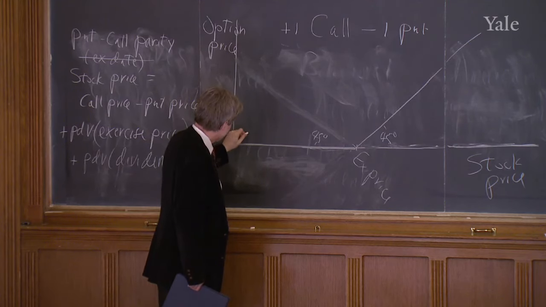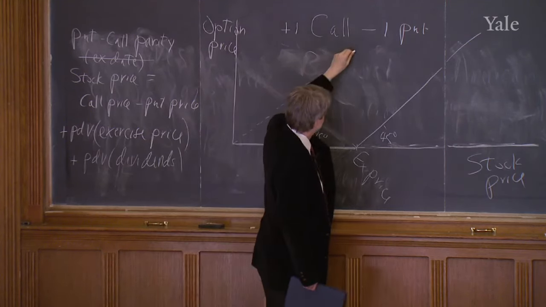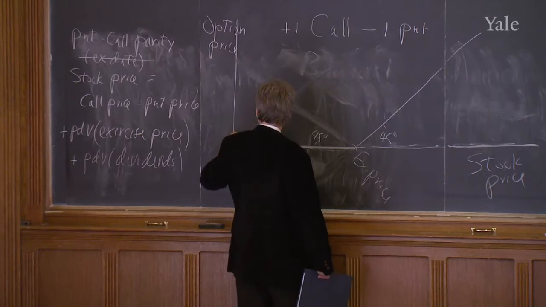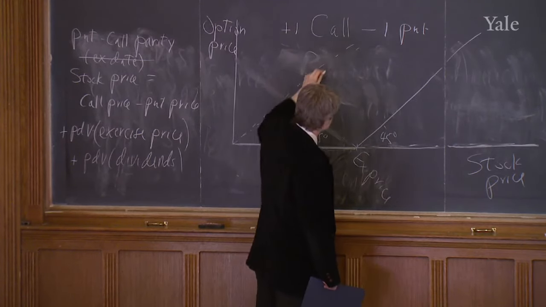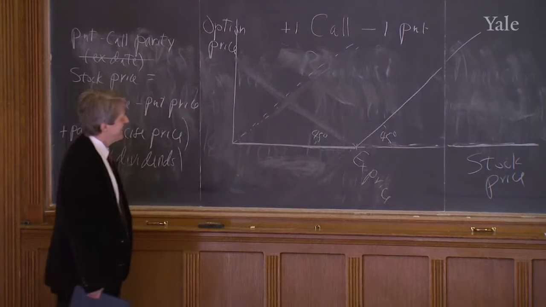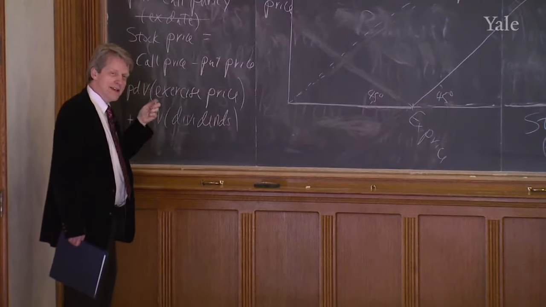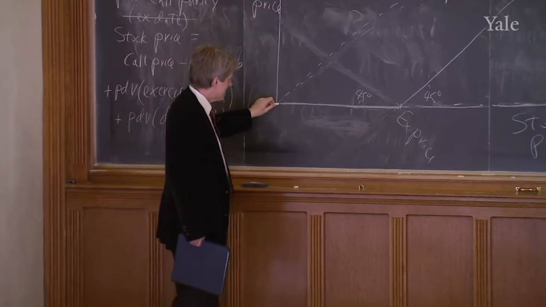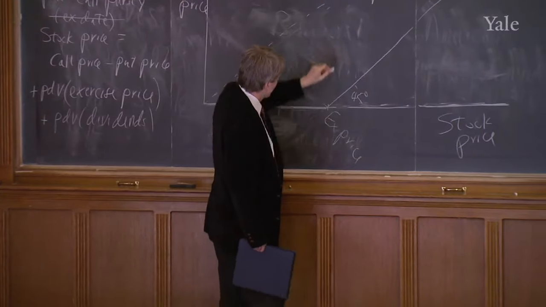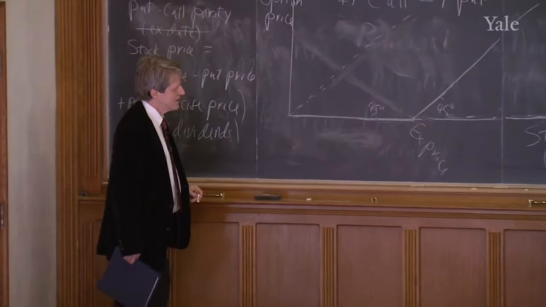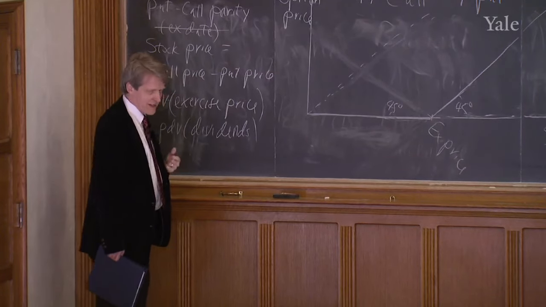I'll draw a 45-degree line from the origin. It's kind of obvious that it's supposed to be parallel to that. The call price has to be above this broken straight line, but not too far above it, above the broken straight line representing the price as a function of the stock price on the last day.